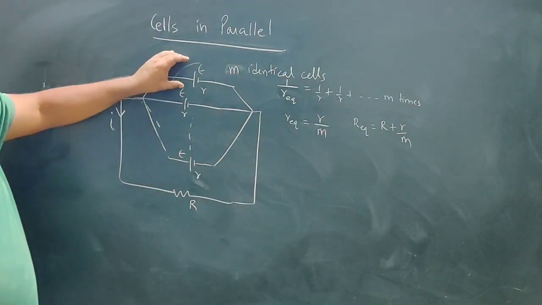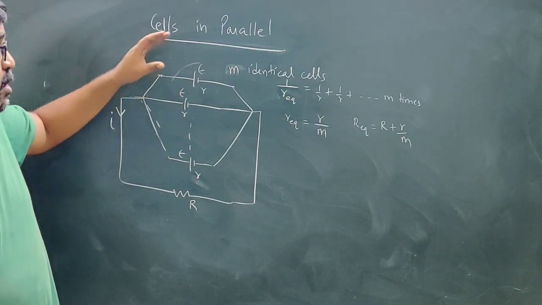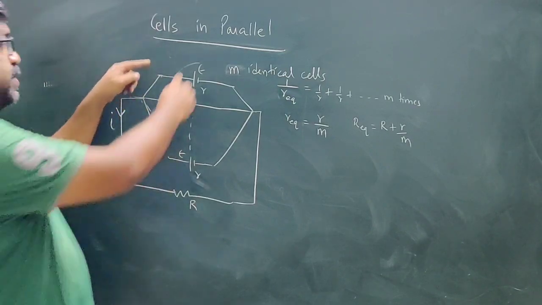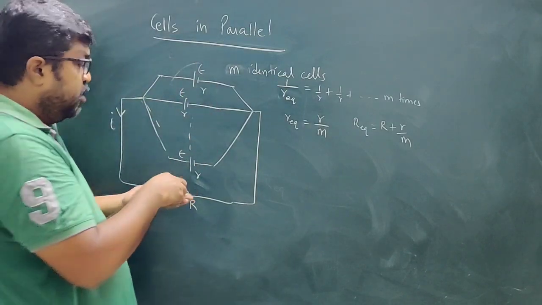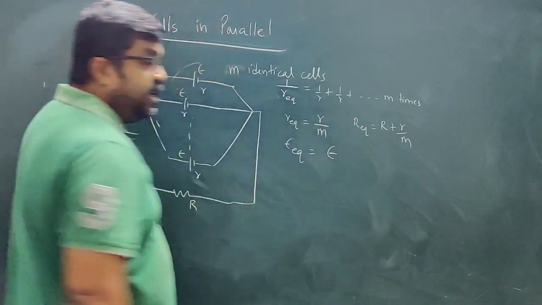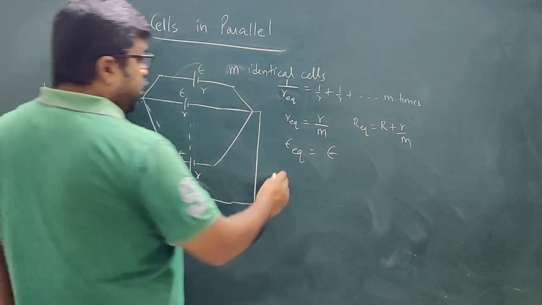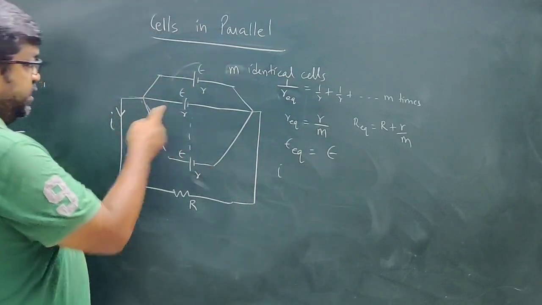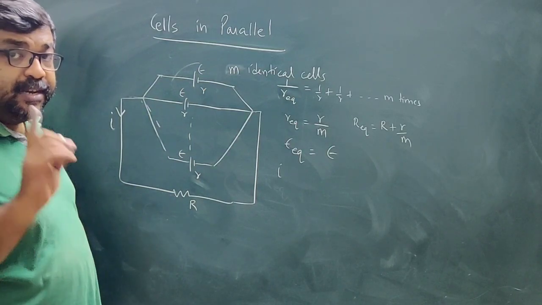Now each cell is of EMF E, but they are in parallel. So what will be the net EMF? It will be E, because in parallel the potential difference remains the same, so the EMF also remains the same. So E equivalent is equal to E. What will be the value of the current supplied by this combination of M identical cells in parallel?